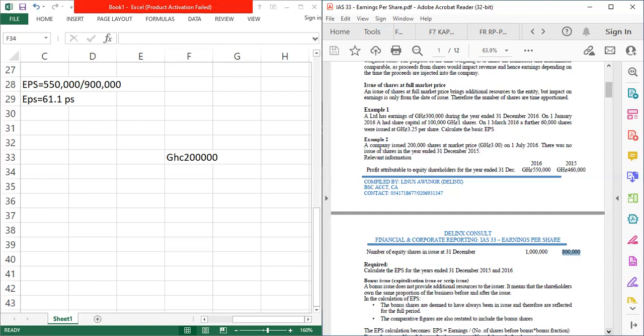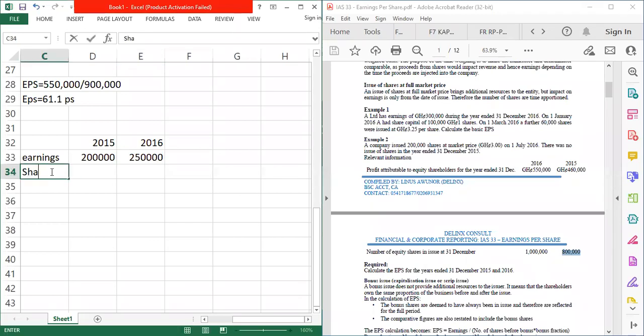What are they saying about the comparative figure? Let's come here. Assuming our 2015 and 2016 earnings were 200,000 and 250,000.